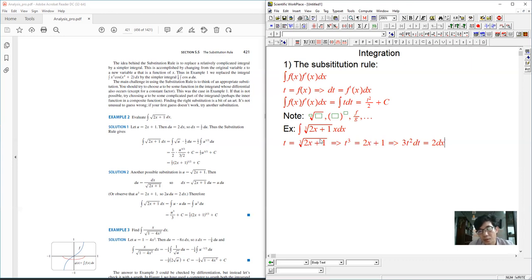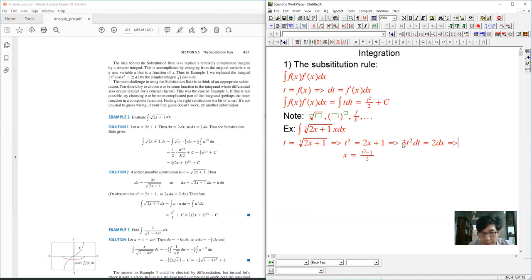We change s to a new variable t. From this we can get s equal to a fraction, t cubed minus 1 over 2, and we divide both sides of this equation by two.